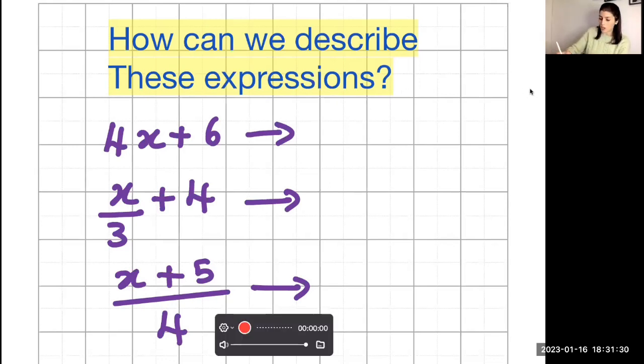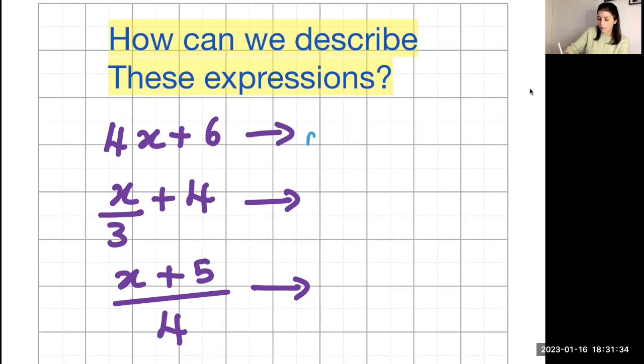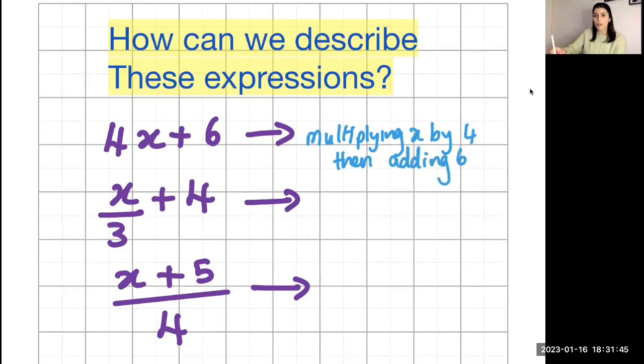So that means you are timesing x by 4 then adding 6. So it's important you understand what's actually happening here, because when we're solving equations, we're working backwards. So you'd be subtracting the 6, then dividing by the 4.